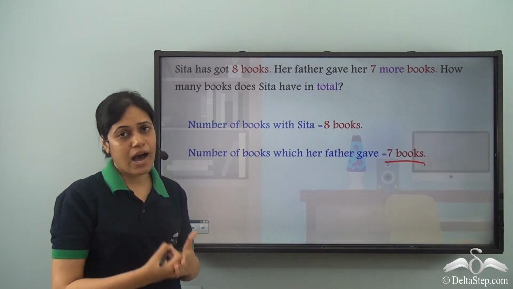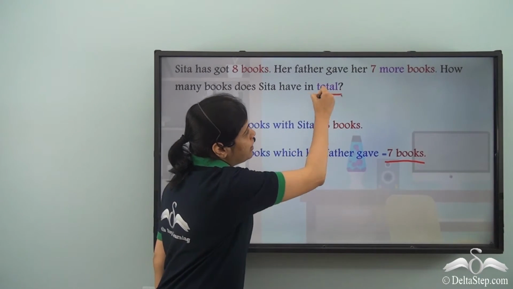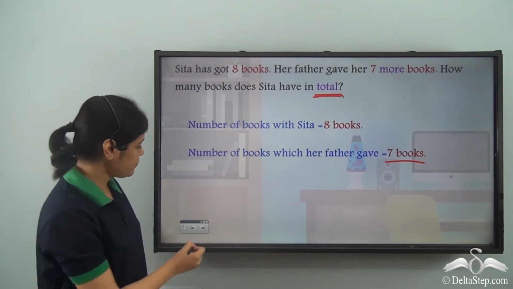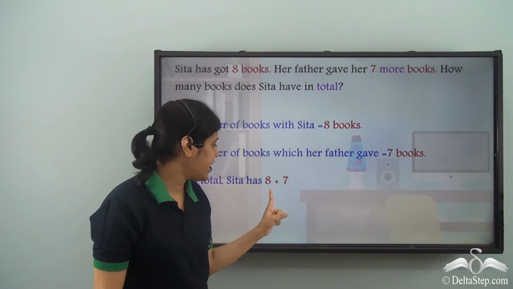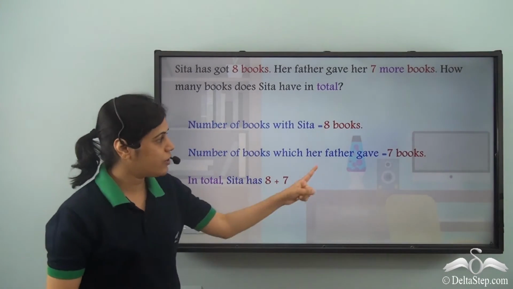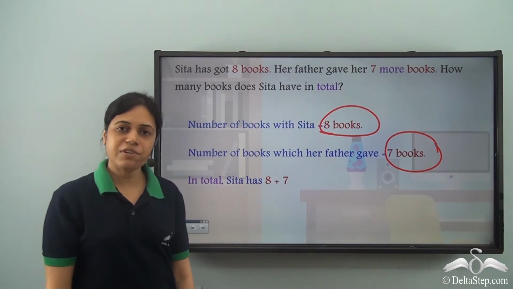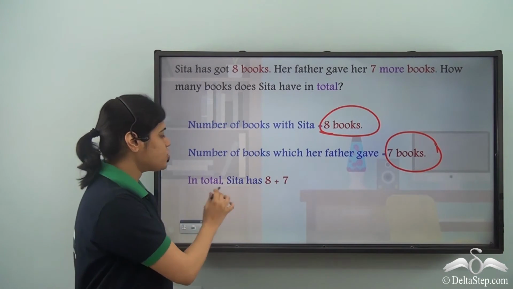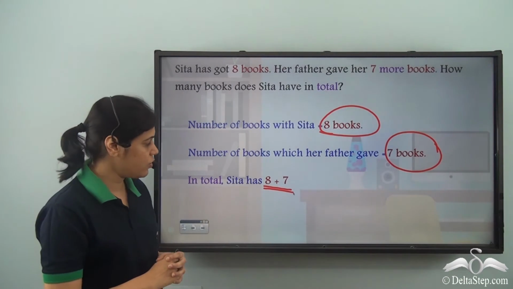Now what is asked in the problem? How many books does Sita have in total? So in total, Sita has 8 plus 7, because I need to add 8 books with 7 books. So in total, Sita has 8 plus 7 books.